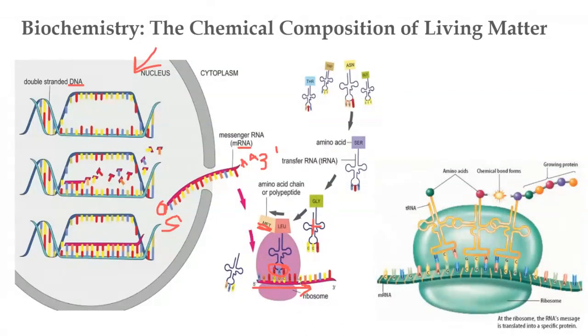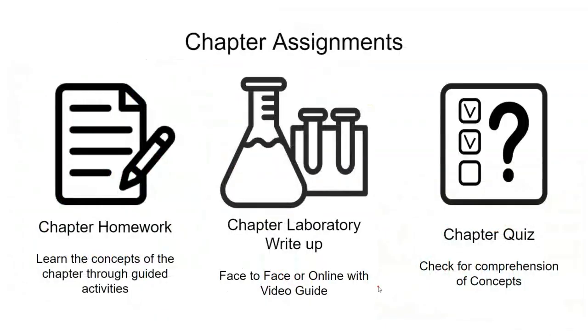If it matches, if the anticodon matches the codon, then a peptide bond will form between the amino acids, leading to a long growing polypeptide chain. Then the used tRNA will be in the E site, which will exit and be recycled.